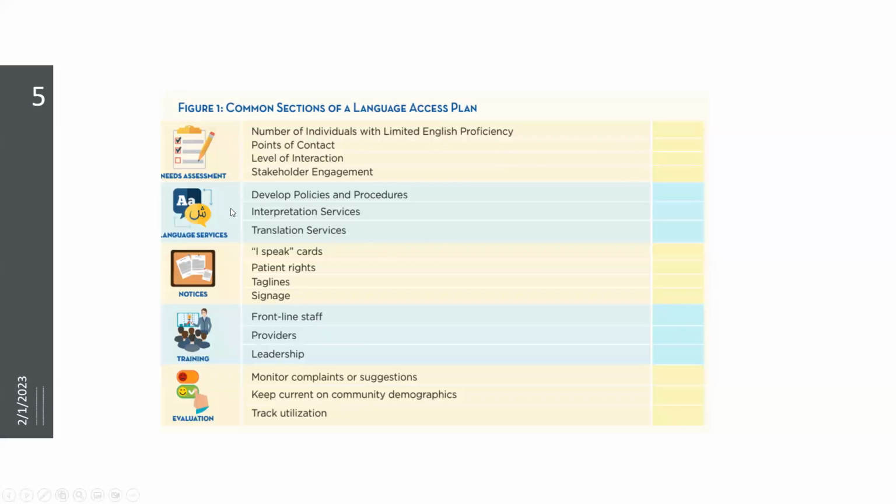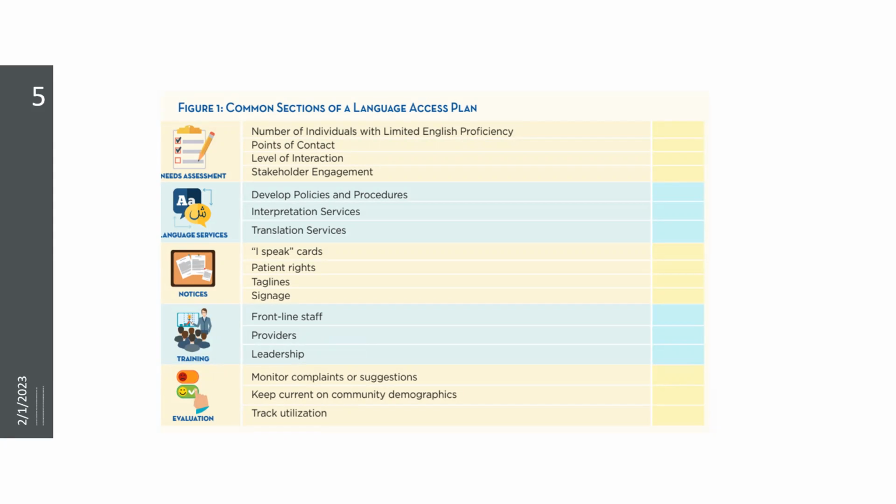As part of the needs assessment, the points that we see here are the number of individuals with limited English proficiency, how many do we have in our community, who are the points of contact, the levels of interaction with those points of contact, and the stakeholder engagement.